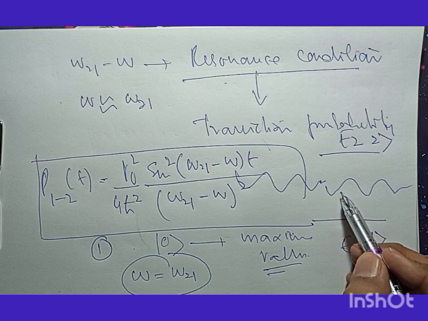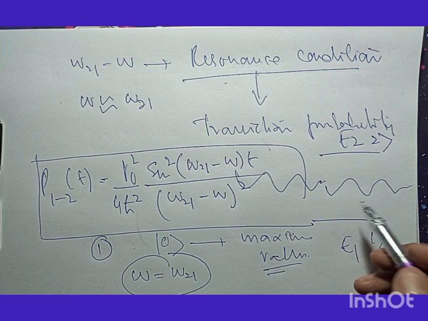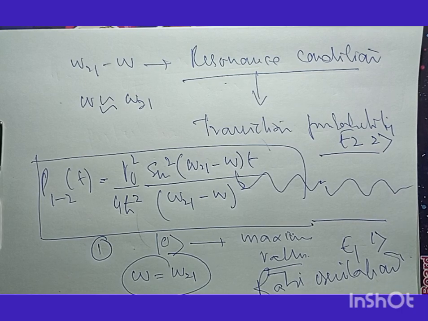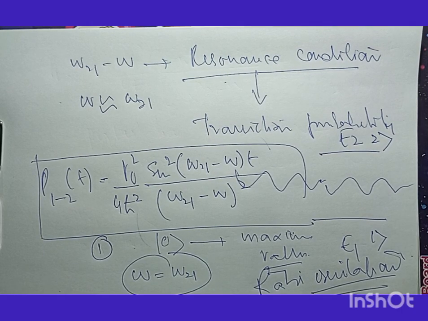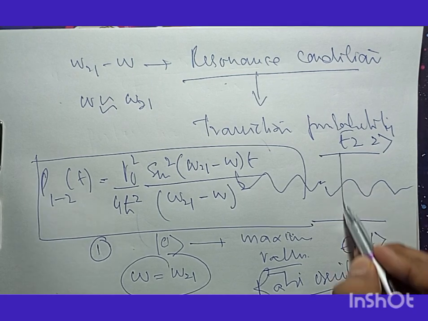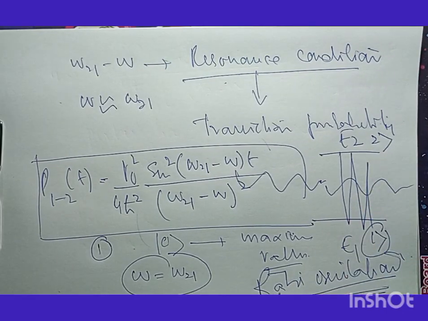And this oscillatory behavior is related to Rabi oscillations, which we have seen in two-level quantum systems. When they interact with an oscillating external field, the Rabi oscillations describe how the population of the states oscillates back and forth between state 1 and state 2 over some period of time.